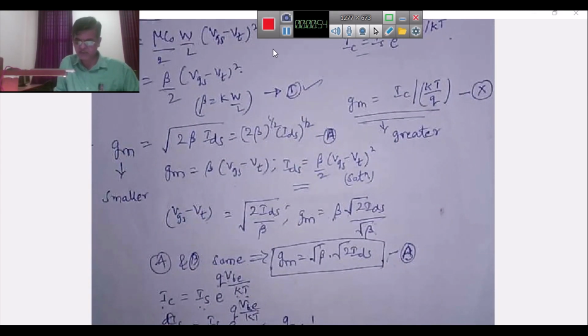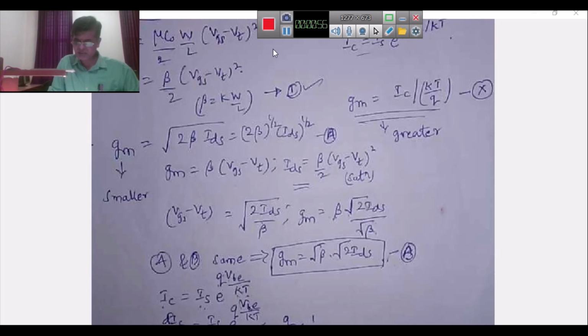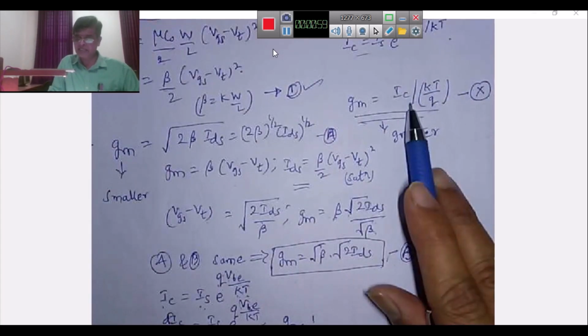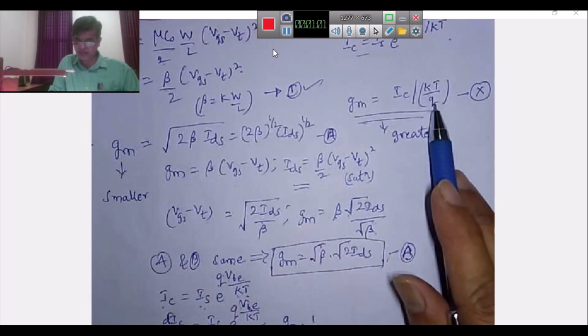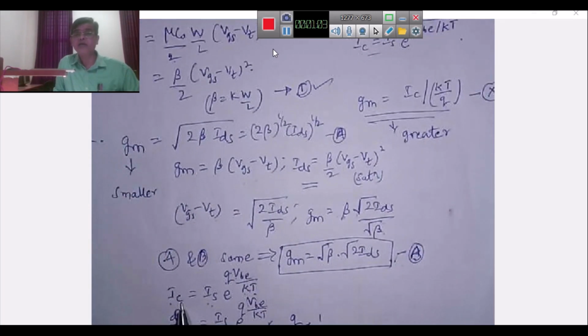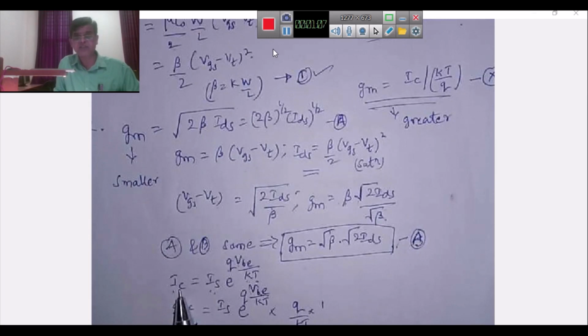So now I take this IC divided by KT by Q. Just see how I derive that equation. I start with this equation: IC equal to IS into e raised to Q VBE by KT.